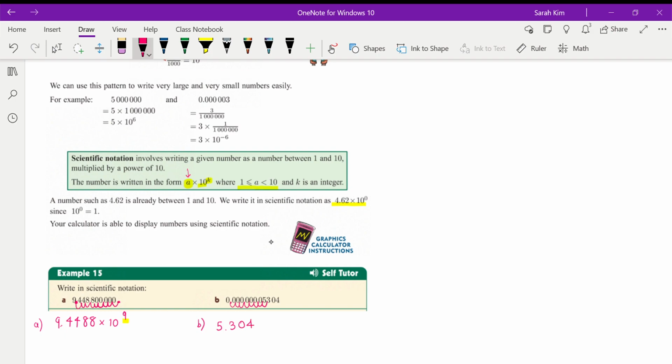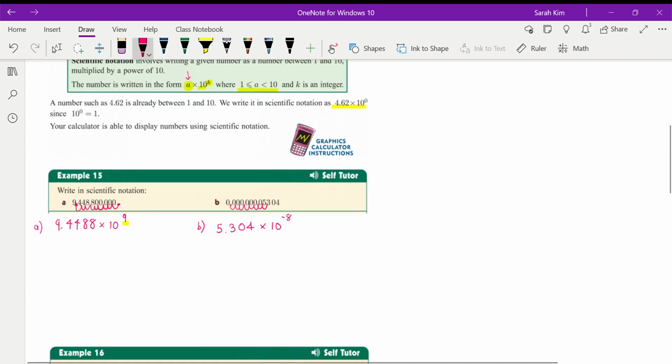I'll count my jumps again because I forgot: 1, 2, 3, 4, 5, 6, 7, 8. So it's 8. Now I have to decide if it's positive 8 or negative 8. This is a very small number, anything below 1 we consider small, so it's going to have a negative sign, and that's how you write it in scientific notation.